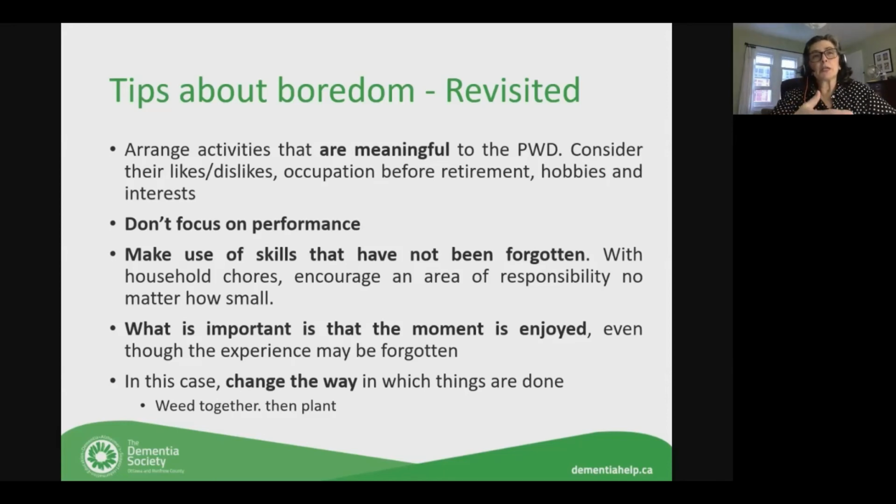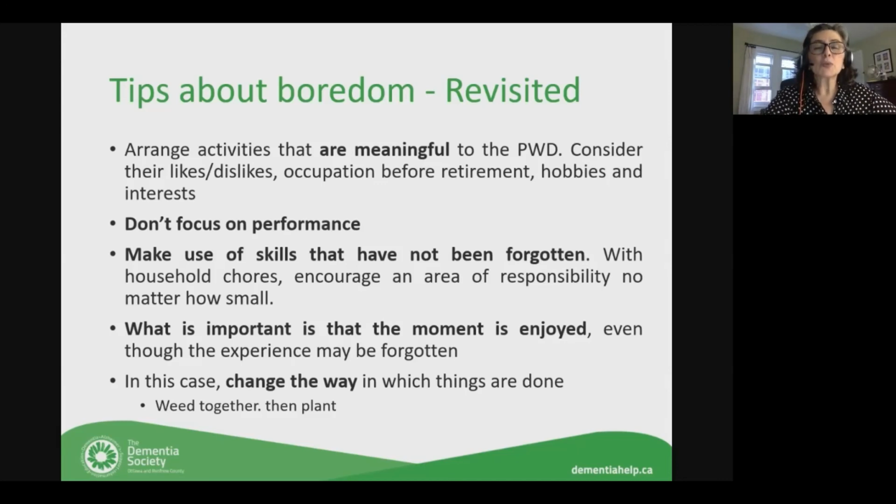So you're not necessarily thinking, I'm going to engage him in planting a flower bed. He may not necessarily look at that flower bed as the crowning accomplishment of the activity, right? He is also doing something that he enjoyed, which, just like my husband, is the weeding part as much as anything else.